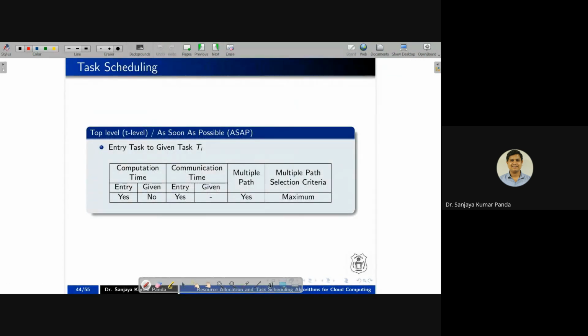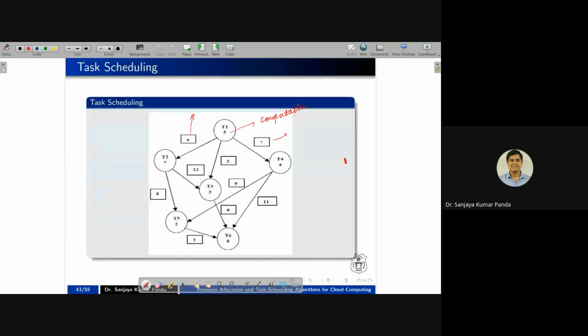T level says that you find the path from the entry task to the given task. For example, let's say the entry task for all the tasks is T1. Suppose I want to find the T level of T3. You can calculate the T level of T3 in two ways: via T2, or directly.